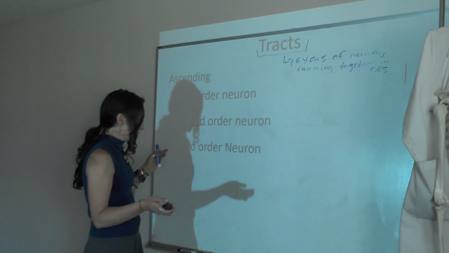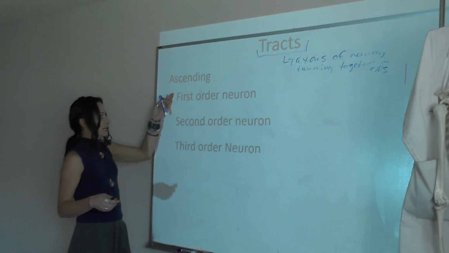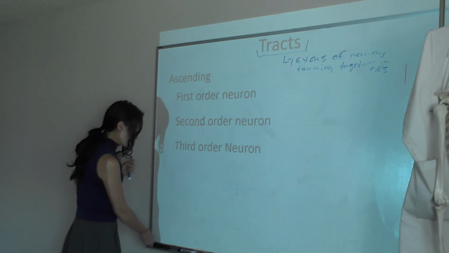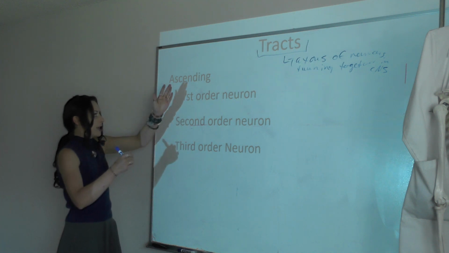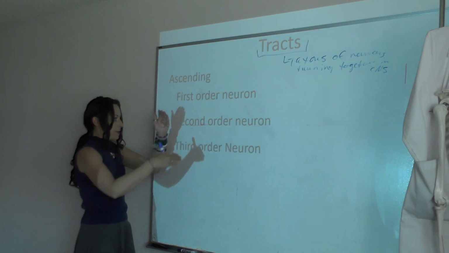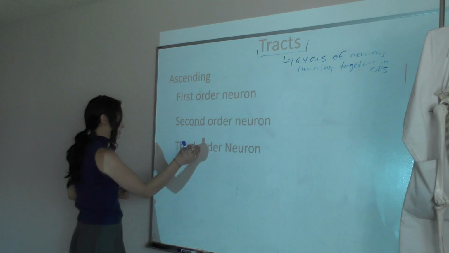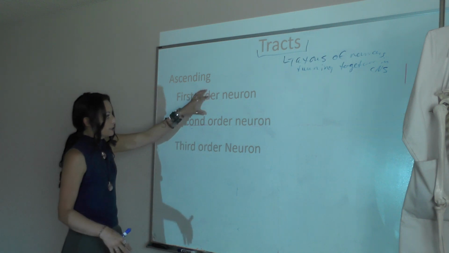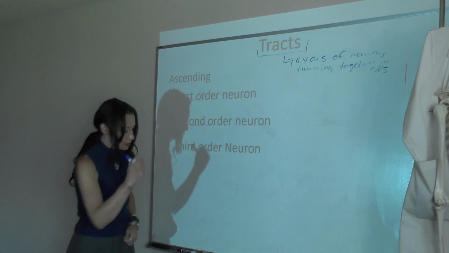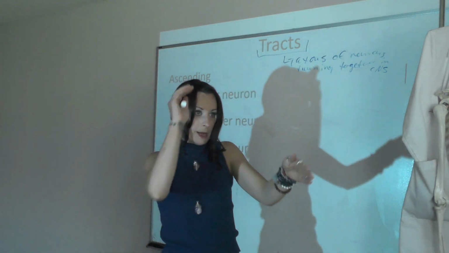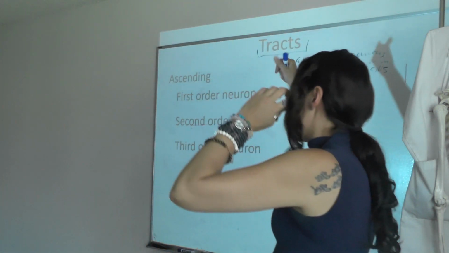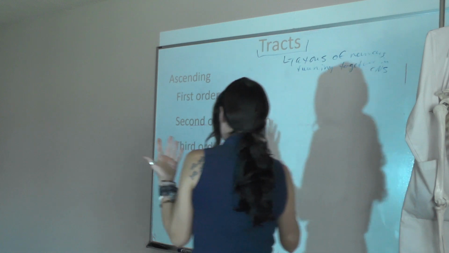So this is where we get that kind of relay thing from. In all of our tracts, we have one neuron that passes the message to the next neuron that passes the message to the next neuron, and we can tell you exactly where each of these neurons are and where they're passing these signals from place to place in the body.